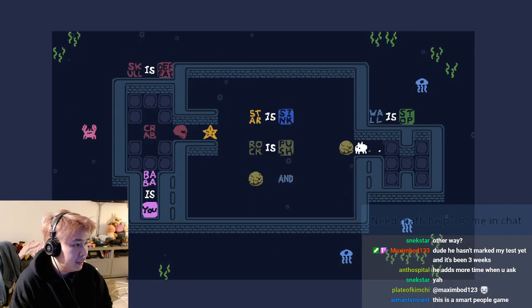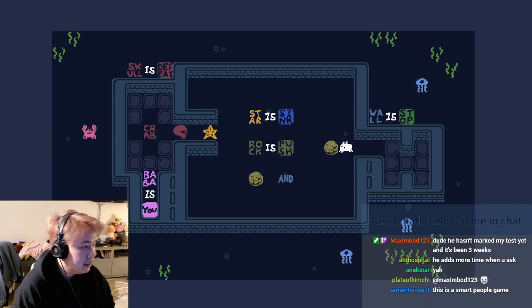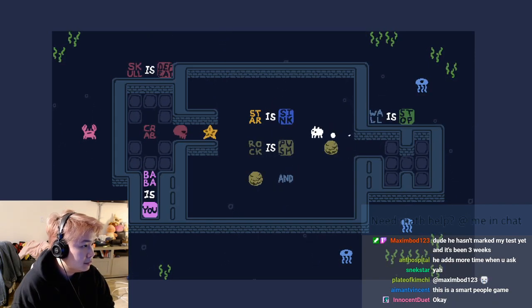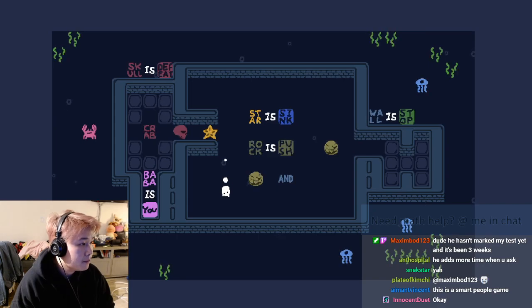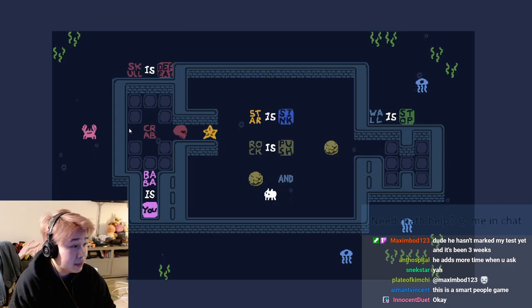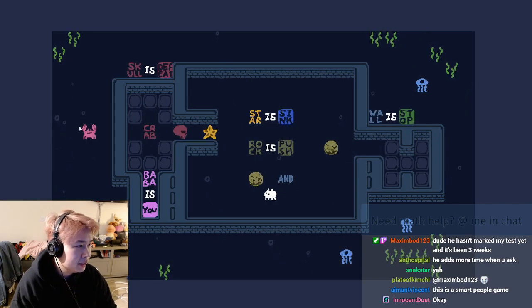Okay, well first I have to at least push the rock out here. And then if I touch the star, I'm gonna sink. And the flag is outside the wall, so somehow I need to get outside the wall or become something outside the wall, like this crab.